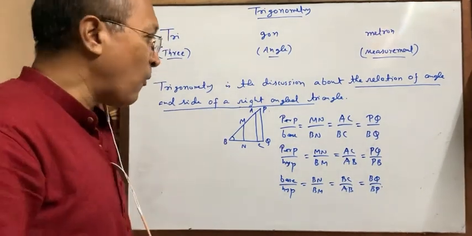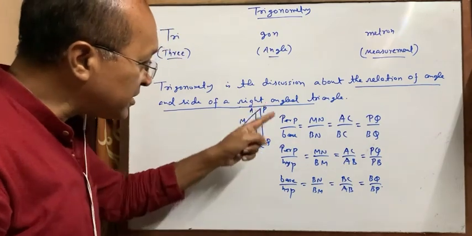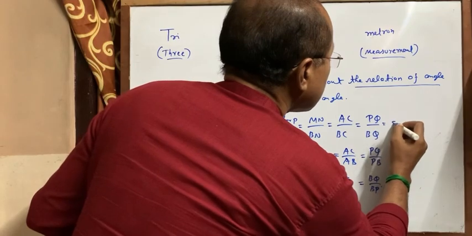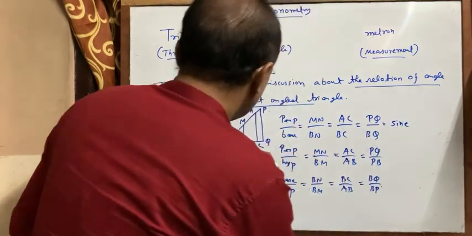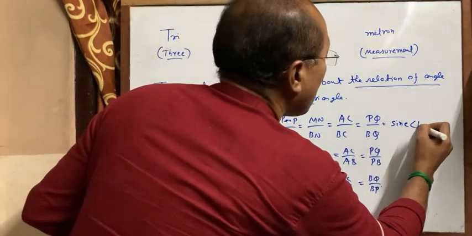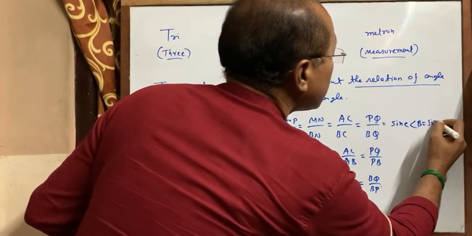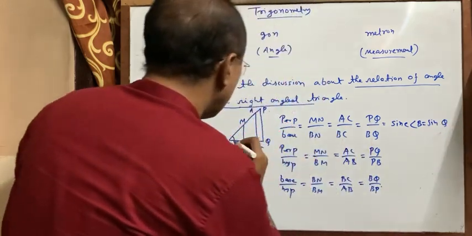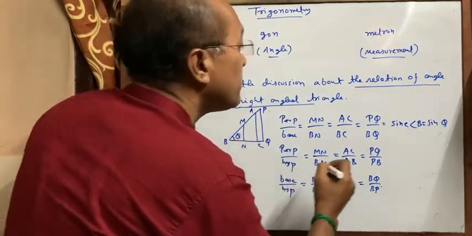Okay. Now, if we consider these ratios, for angle B, in short we can write this one as theta. We are considering this one as theta.